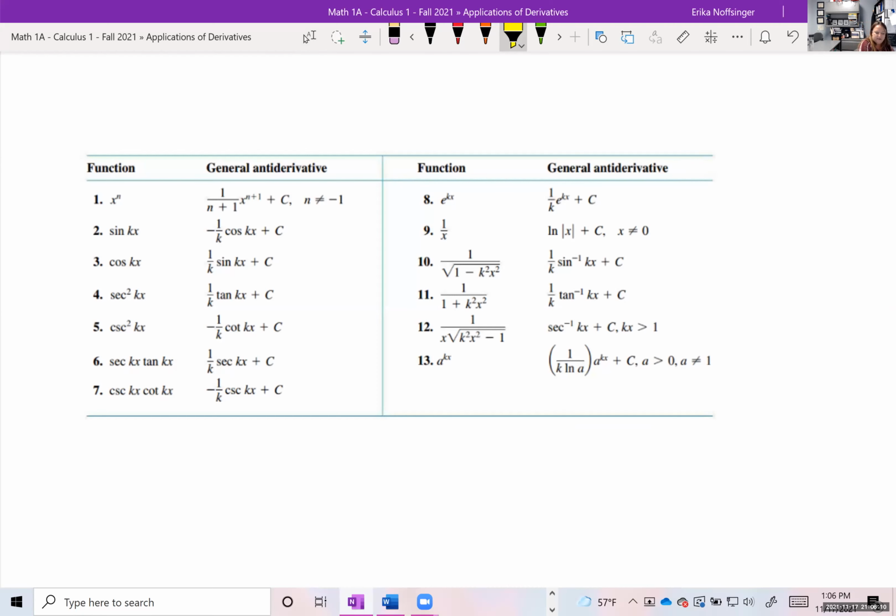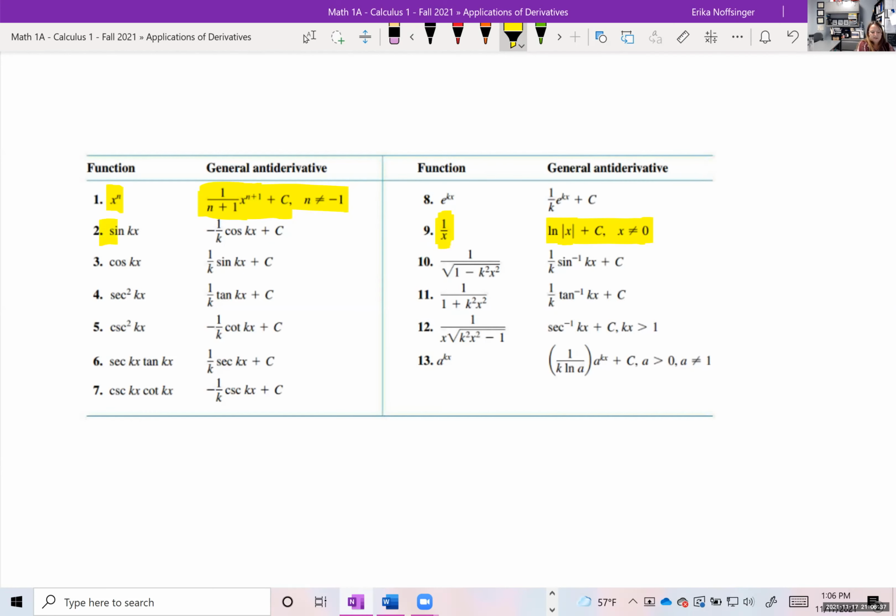So again, if our function was x to the n, we're going to add 1 to our exponent, divide by that new exponent, plus c, as long as n is not -1. If n is -1, that's our function 1 over x. And recall, what we took the derivative of and got 1 over x was the natural log of x plus c, where x can't be 0.